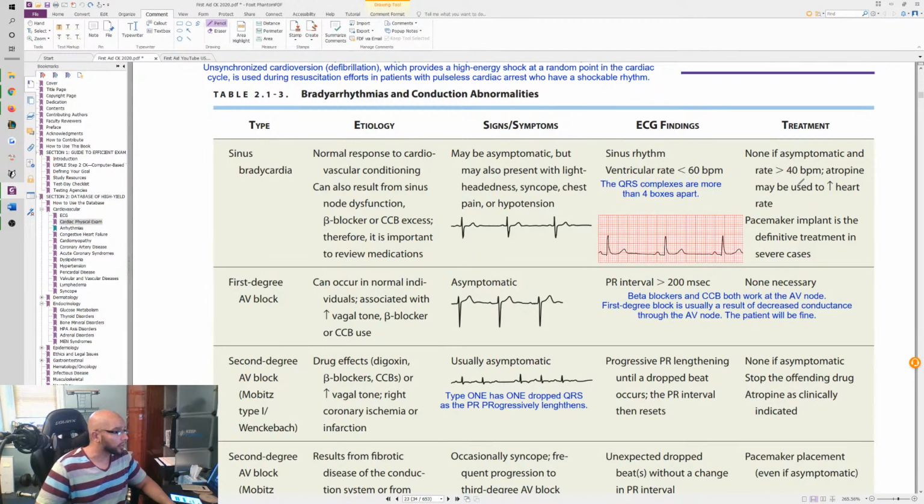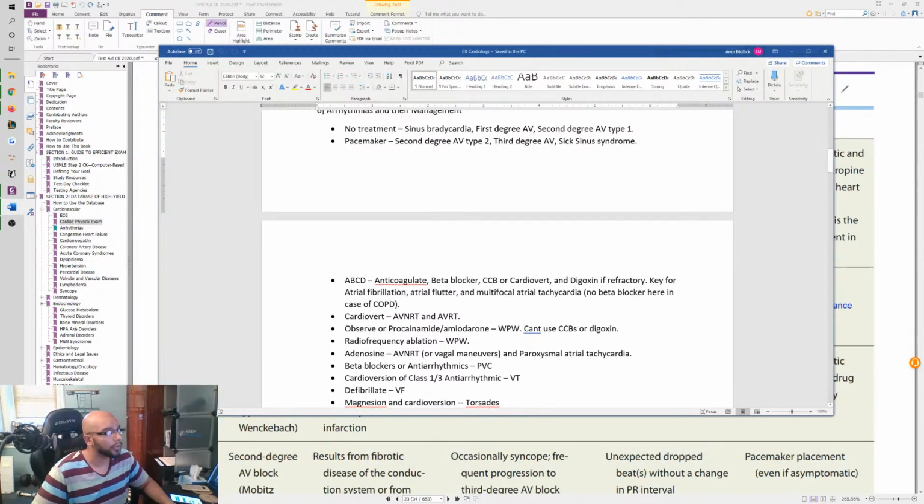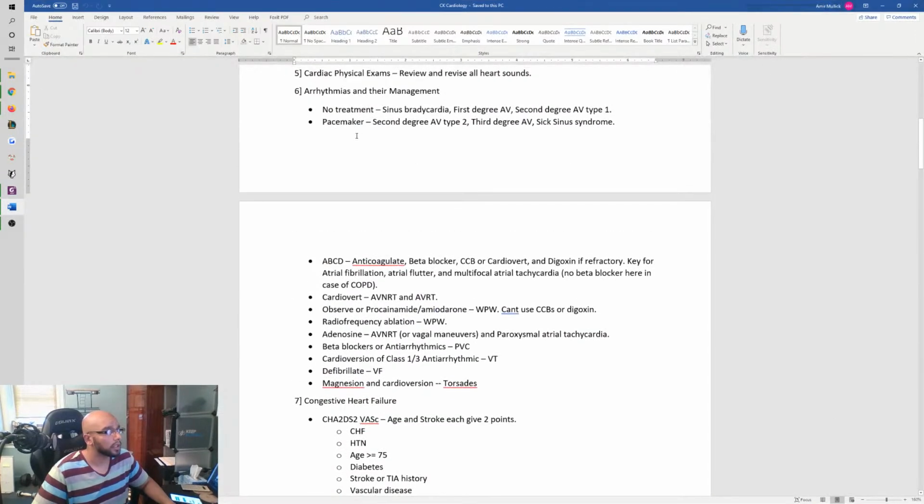Now, when I was going through all of this, I put together the various arrhythmias and stuff based off of the treatment necessary. In the book, they just list out all the different diseases and then they tell you the treatment for each one. I relisted them in order of what treatment you use for each thing, right?